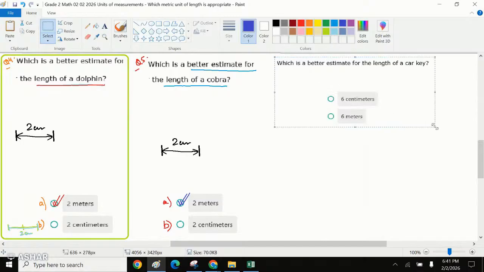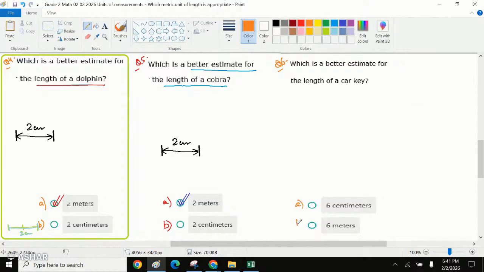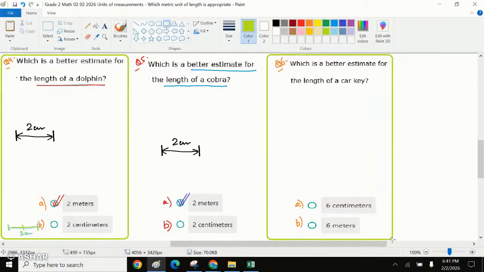For the length of a car, we can say the length of the car is in meters. So would the length of the car key also be in meters? This is our question number 6. We have option A and option B. Would the length of the car key be in meters as well or centimeters?